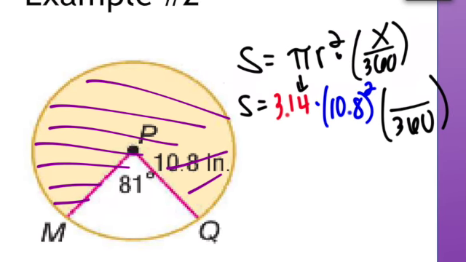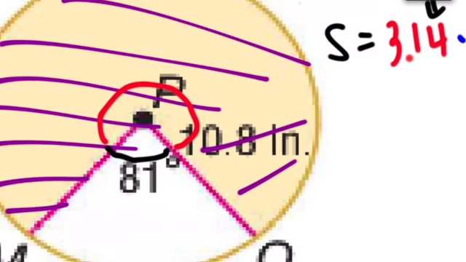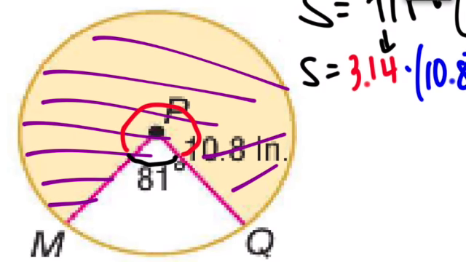This is where you want to be really careful. The 81 degrees is only covering the part of the circle that's not shaded. But I need to know the part of the circle that is shaded. If you look at the relationship between the 81 degrees and the angle that corresponds to the shaded area, notice how it makes a full circle with them all together.